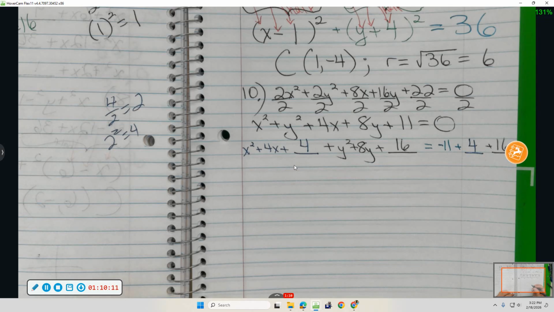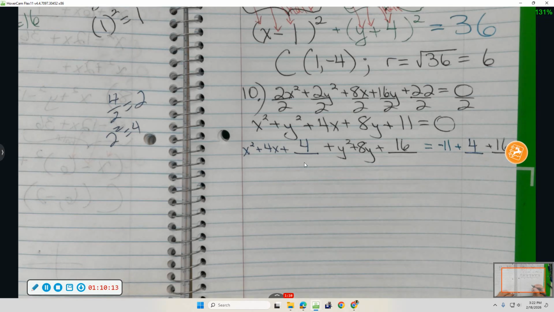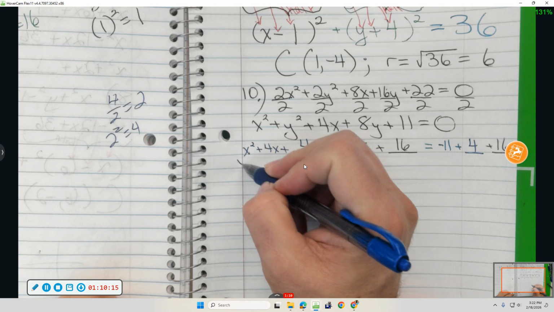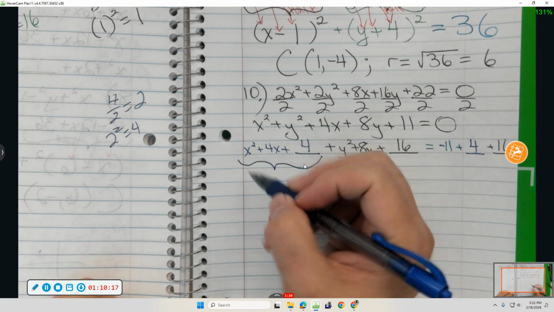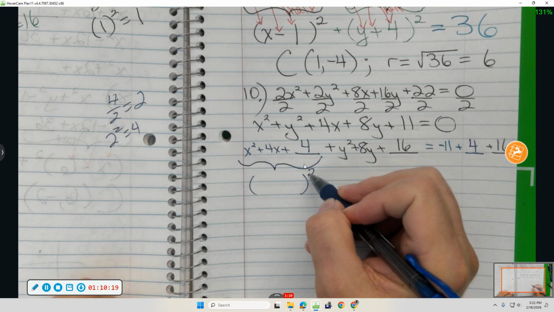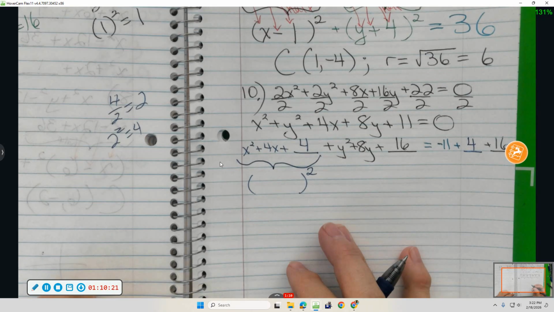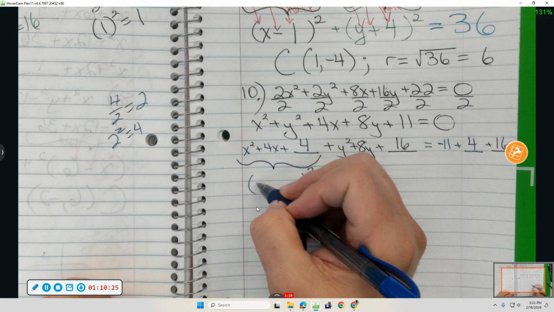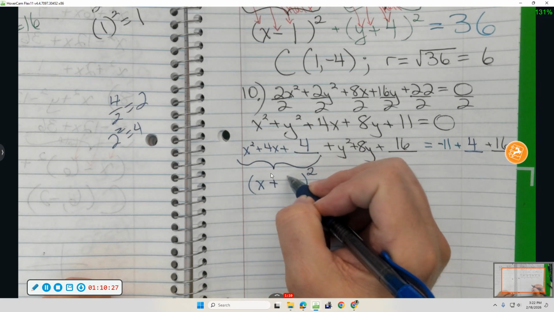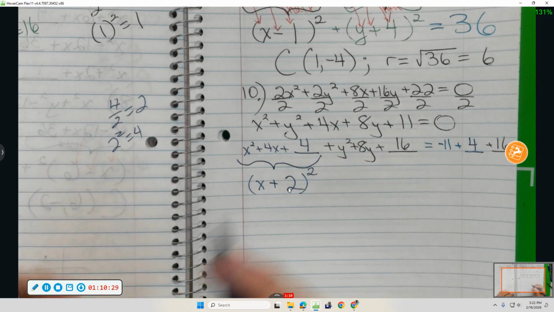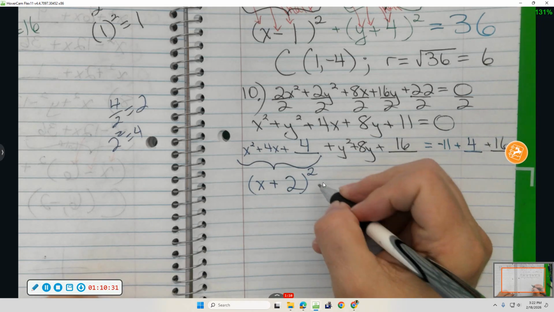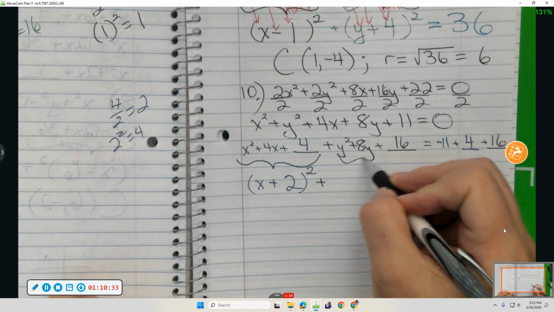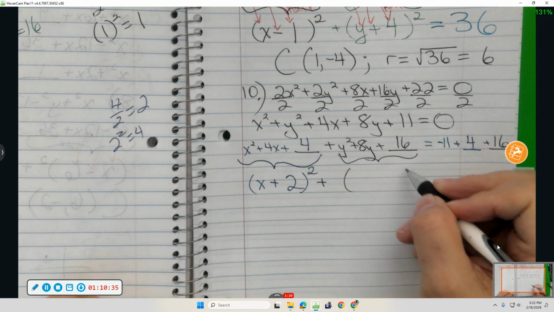I think we can get this in factored form now. How will the x squared terms factor? Variable, sign, half of that number. X plus 2 quantity squared, plus, how will we factor the y terms?